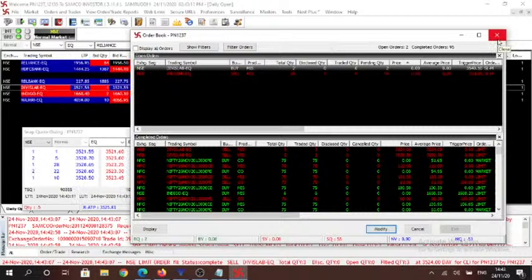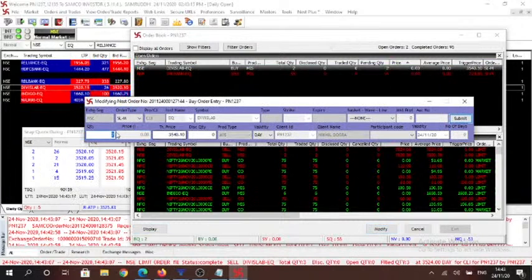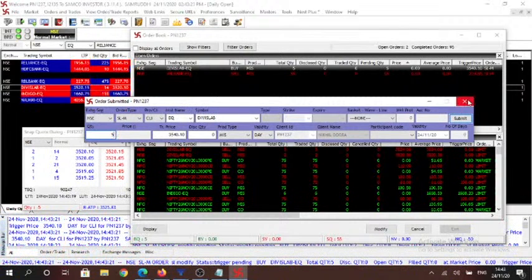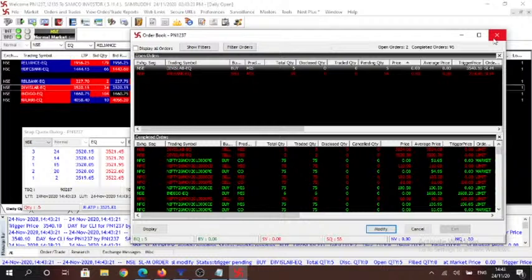We have been filled at 3524. So we'll modify this. Instead of 2 shares, we'll keep it as 5. So there you go. We have a full position in Divi's Lab now.